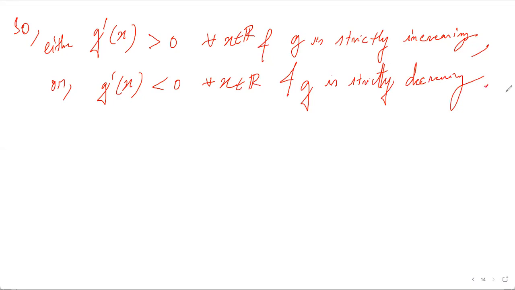Now the last part, where we have to assume that g is strictly increasing and prove that g is unique. So assume that g is strictly increasing.